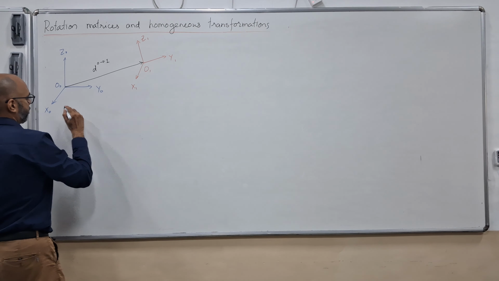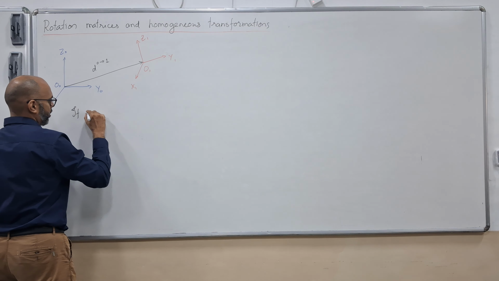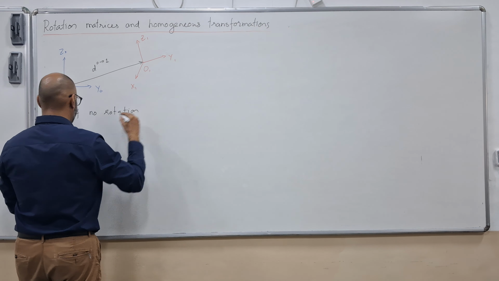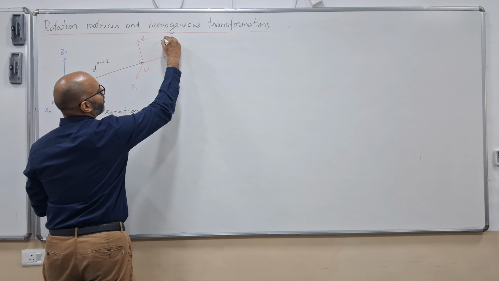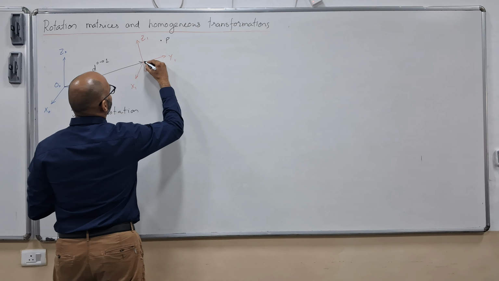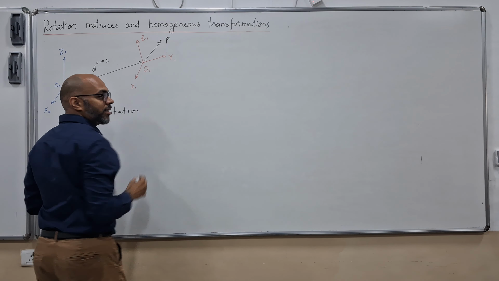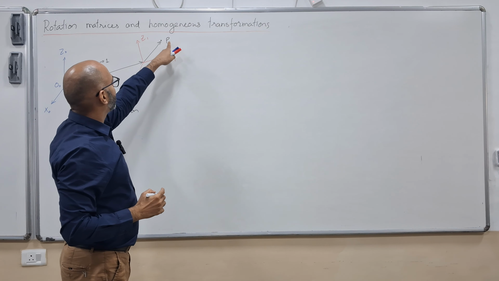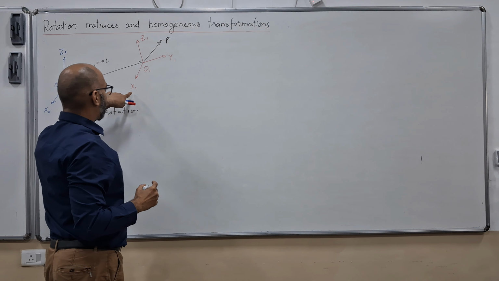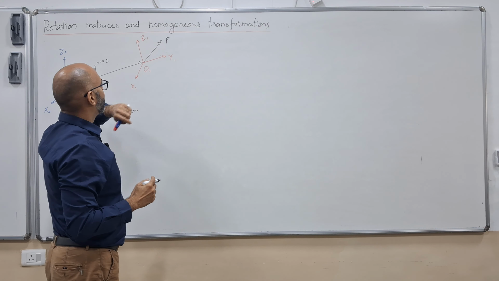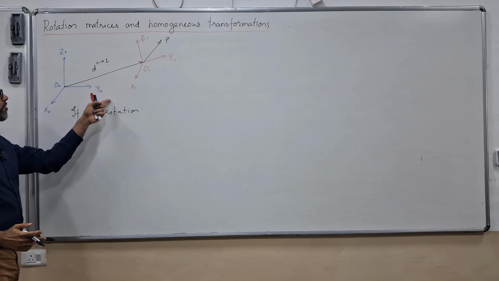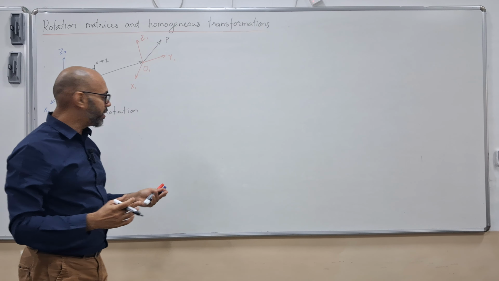Now if there is no rotation and you are concerned with, let's say, a point P in three-dimensional space, same as before, and you have a vector here, remember the vector P represented in terms of the components along x1, y1, z1 we were calling P1, and along the components x0, y0 and z0 we were calling P0.